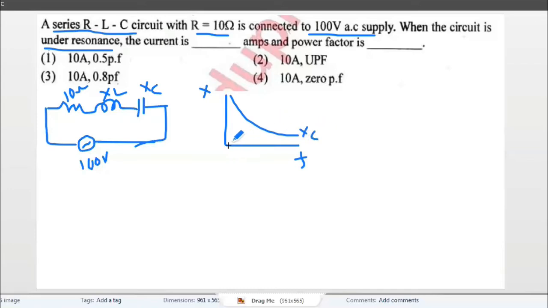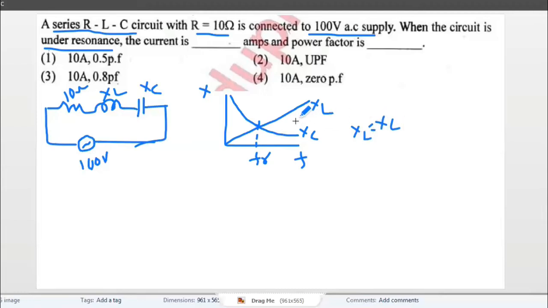If you draw the inductive reactance, the graph will be like this. This is XL. At some point, these two will be equal. That point is called the resonance frequency. So at resonance frequency, XL and XC will be equal. So XL equal to XC.